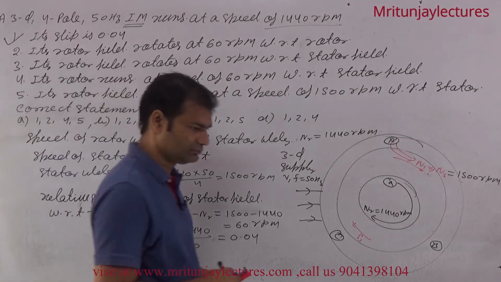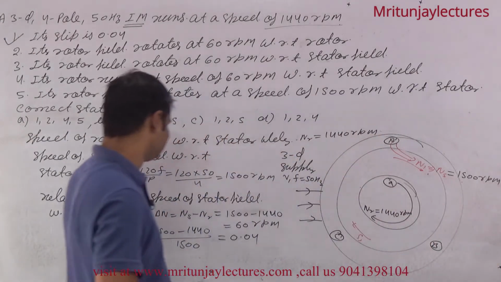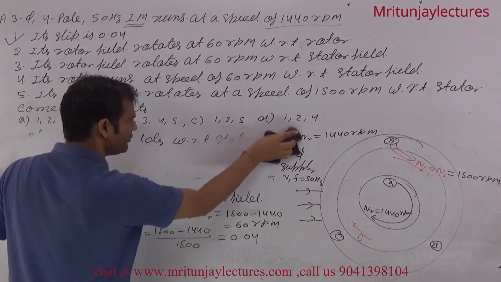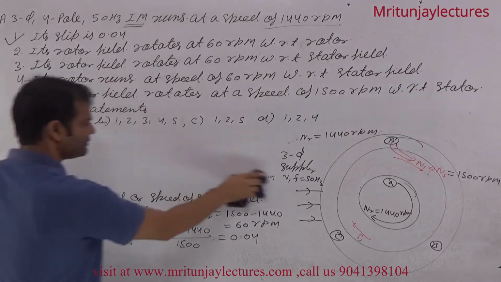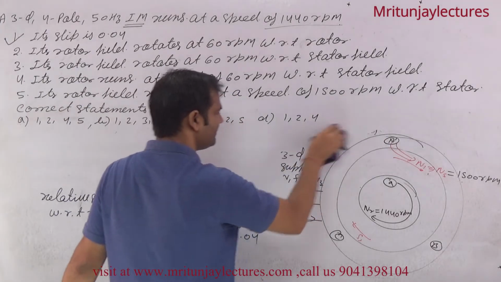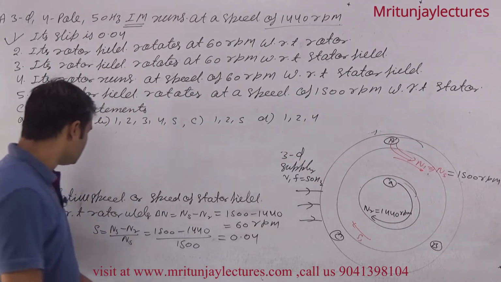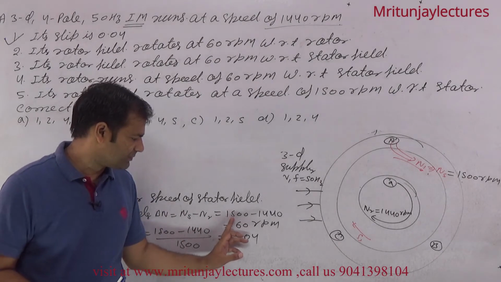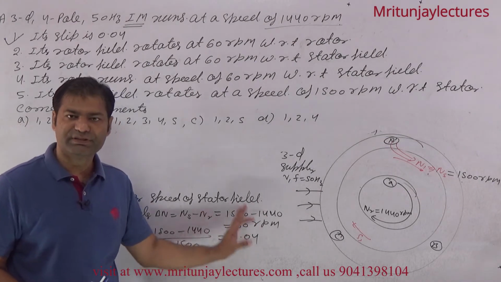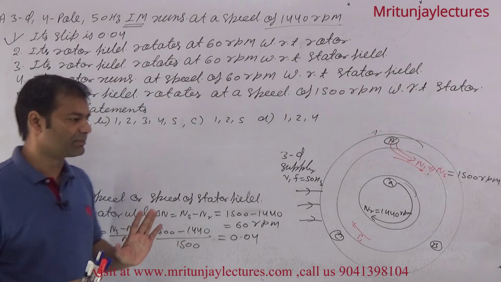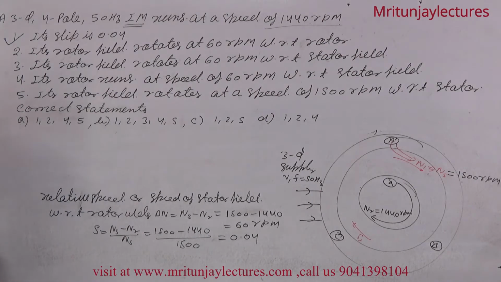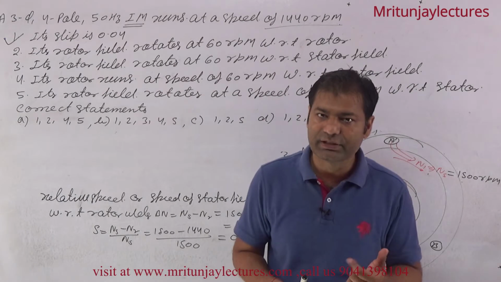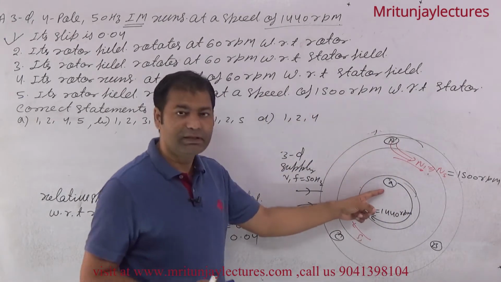Now, if the rotor rotates in the direction of the stator field, the relative speed between the stator field and the rotor winding is 1500 rpm minus 1440, so we got 60 rpm. Clear? If the rotor rotates, then EMF is induced in the rotor winding.